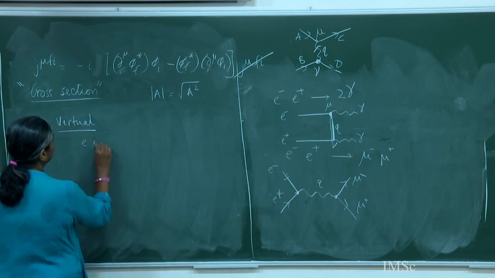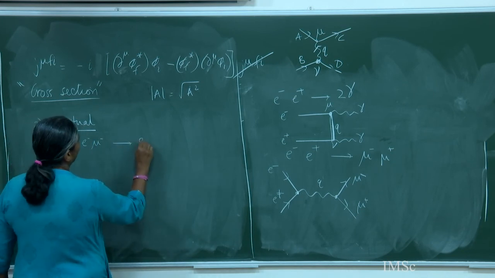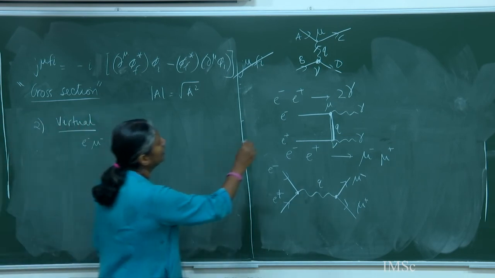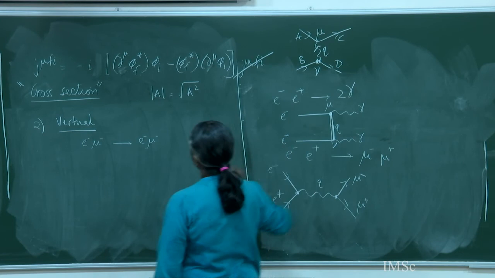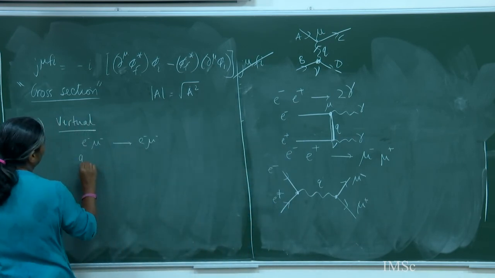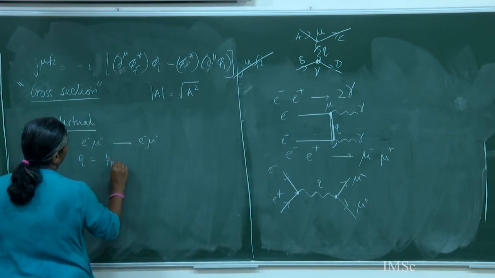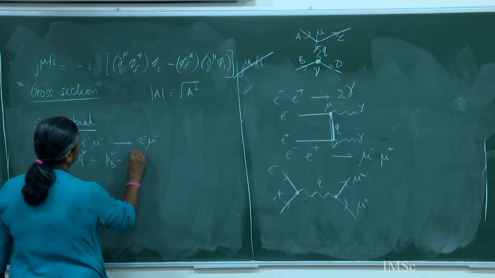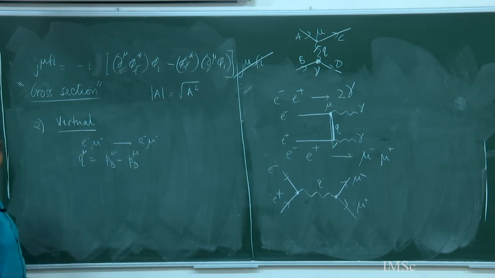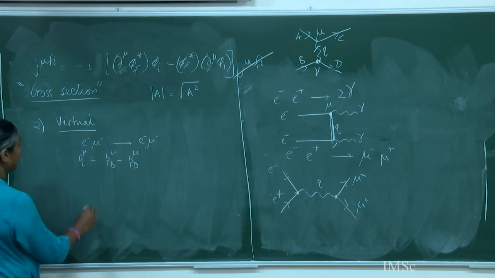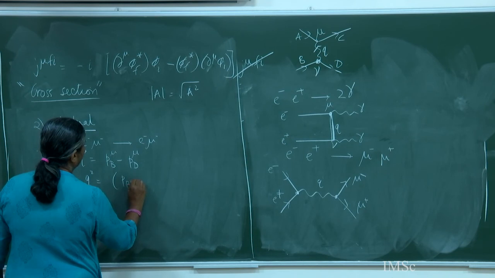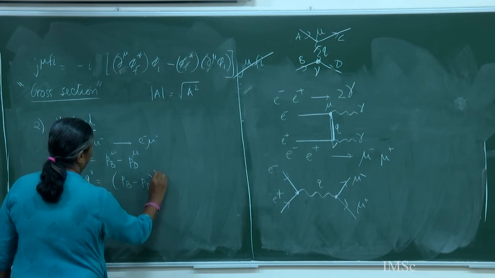Our usual e mu goes to e mu, and that is this diagram over here, and let us write down the momentum q. q is equal to Pb minus Pd, right? So q squared is equal to (Pb minus Pd) squared.